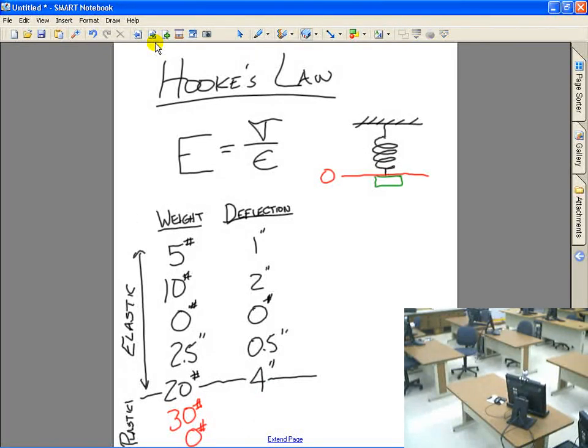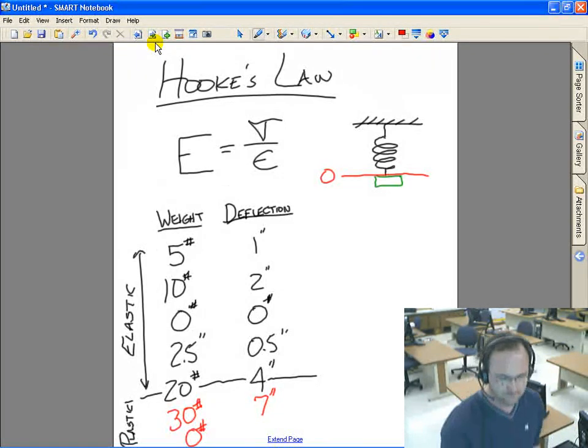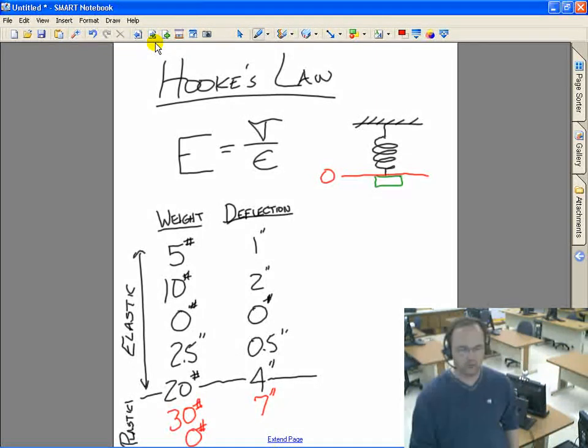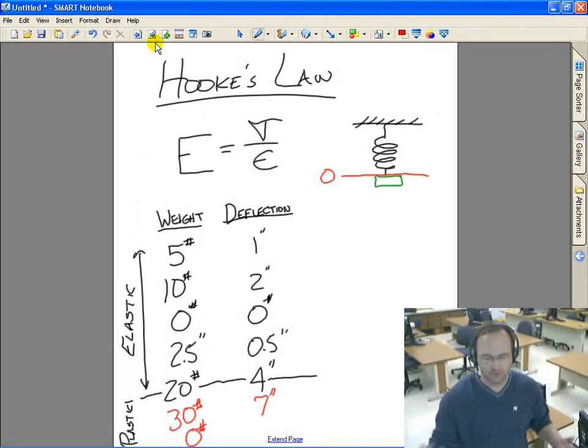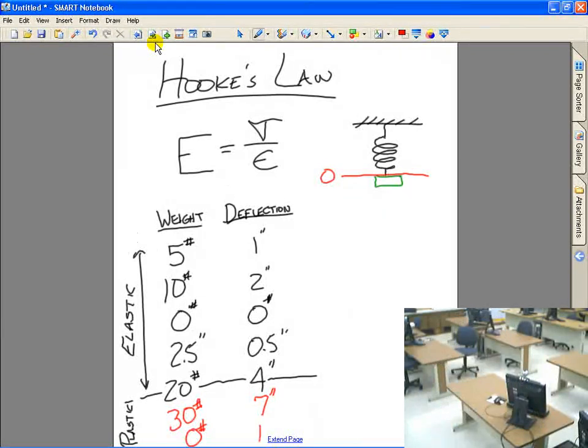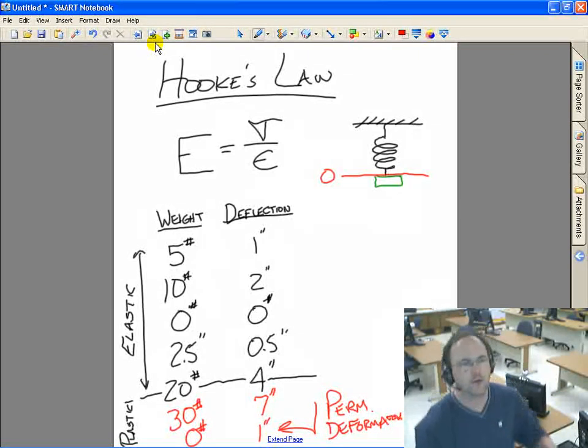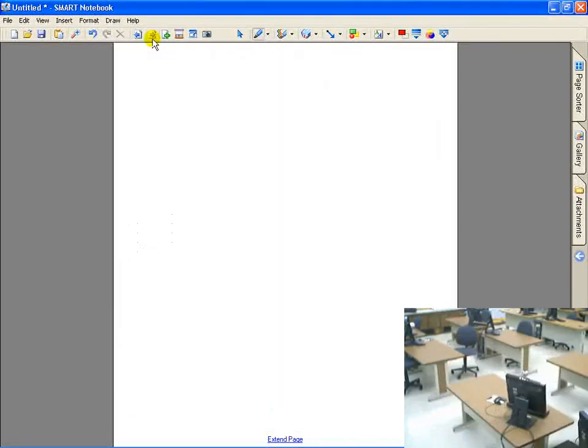Let's give it some plastic range. We'll say 7 inches. So we're at 7 inches. If we take the load off, we're back down to 1 inch. This is permanent deformation. Let's take a look at it graphically.